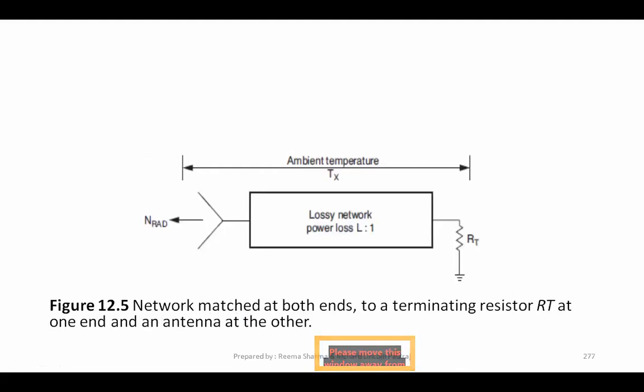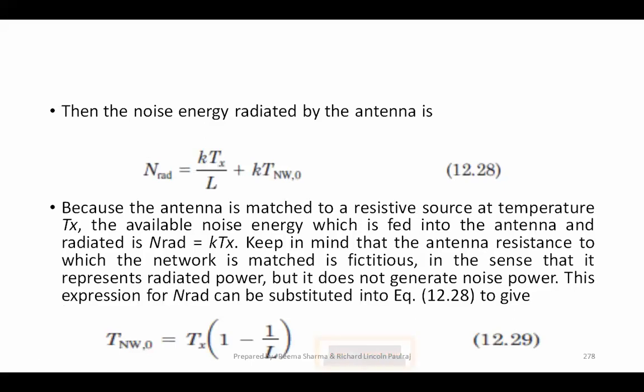So I have my radiating noise, and at one end I have the terminating resistor. The noise energy radiated by the antenna, N rad, is nothing but K times Tx. Tx is your ambient temperature divided by system loss, plus K into Tn W0.